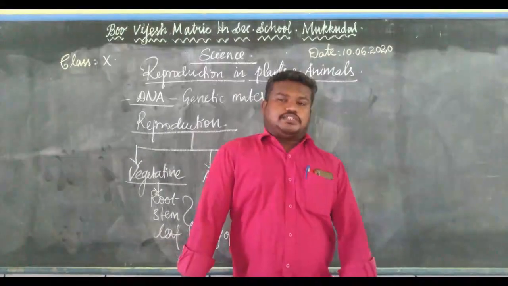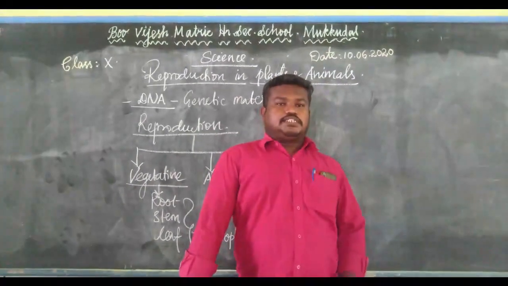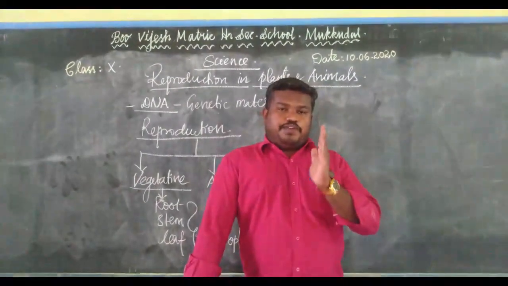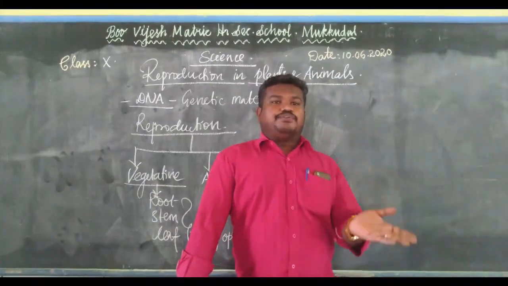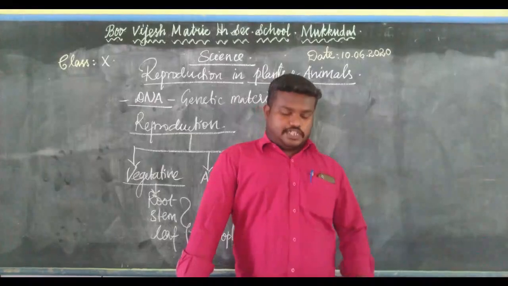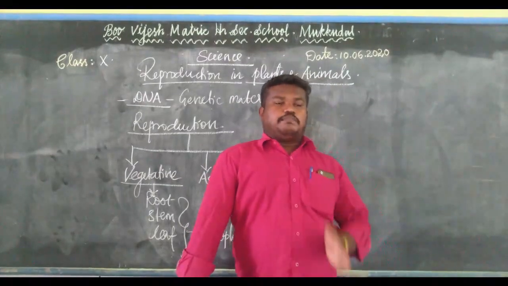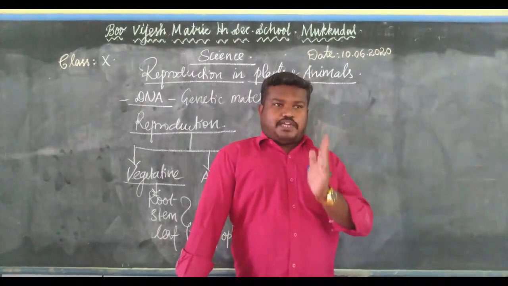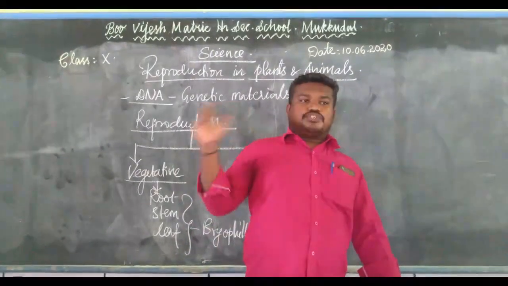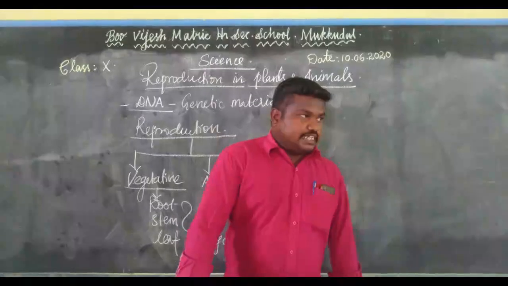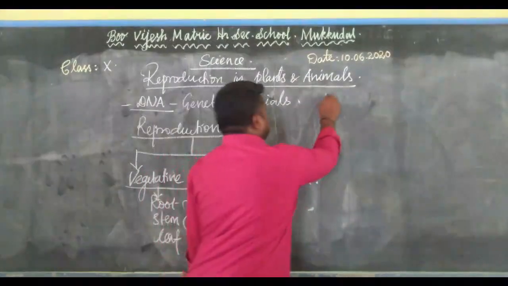Then fragmentation. Fragmentation means every piece of the body of the plant or organism produces their young ones. That is known as fragmentation. Fragmentation means fragment, to cut. So each and every body piece produces their young ones. For example, Spirogyra.